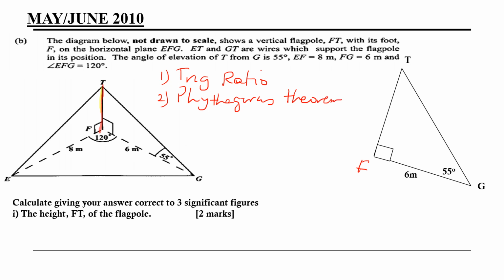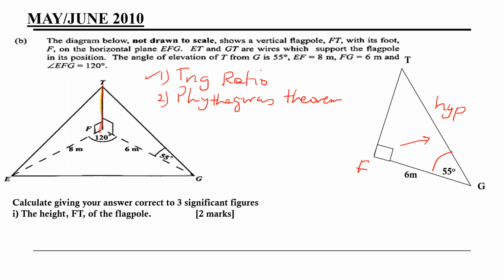Now we use a trig ratio when we have an angle and a length. So we're going to be using number 1. Next step, we have to label the right angle triangle. So the side of the triangle that is opposite to the 90 degrees is known as the hypotenuse.